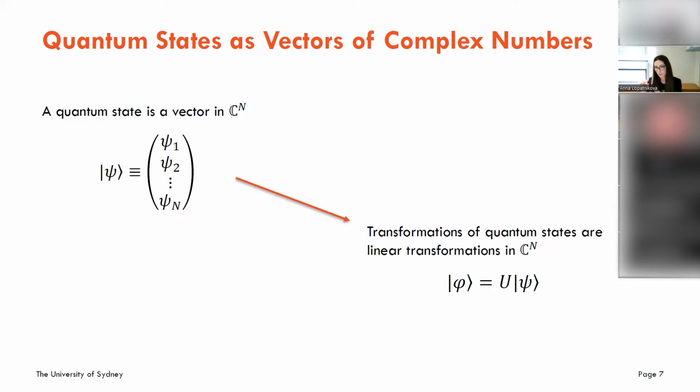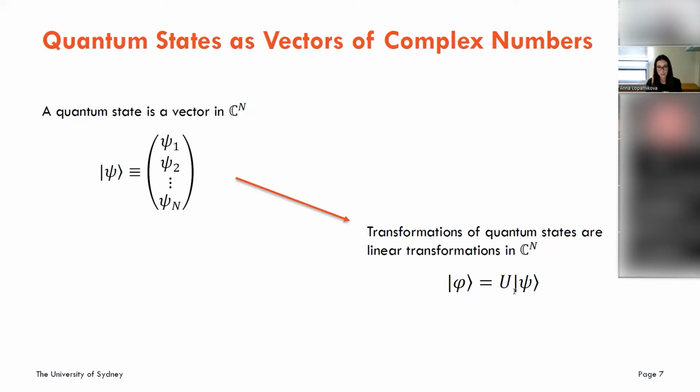So it's a linear transformation from one vector to another. And the linear transformation has to preserve the unit norm. It has to preserve inner product. That makes it so-called unitary. But the point is that it's linear, that transformations in quantum mechanics are linear.